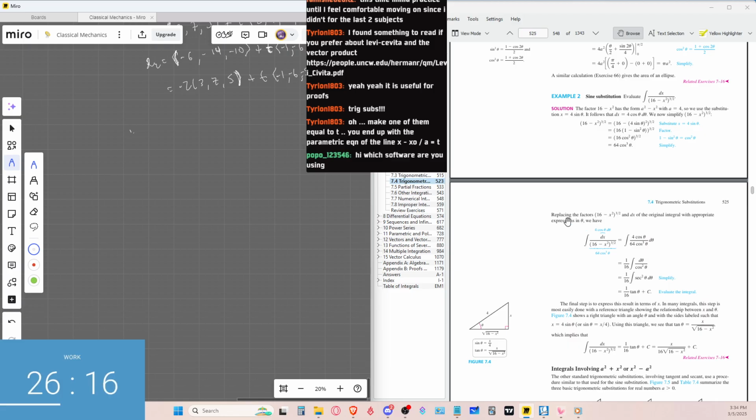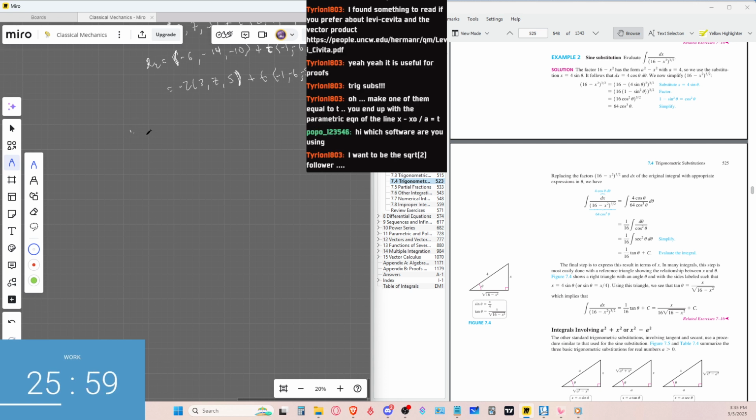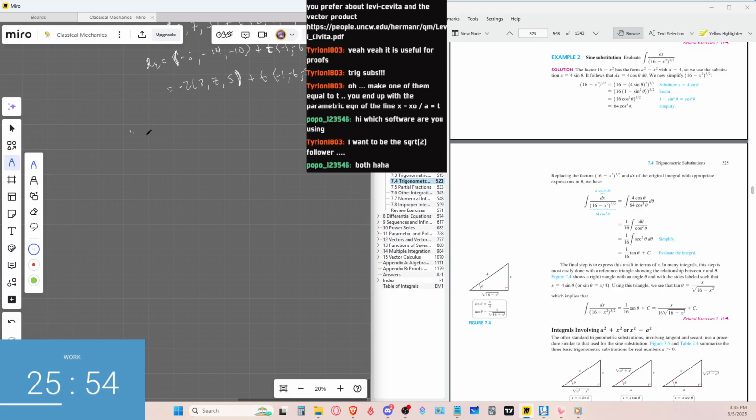Are you talking about which PDF software I'm using, or which writing software I'm using for writing stuff? The one I'm using for writing is Miro, spelled M-I-R-O, and the one for PDFs that I'm using is Okular.